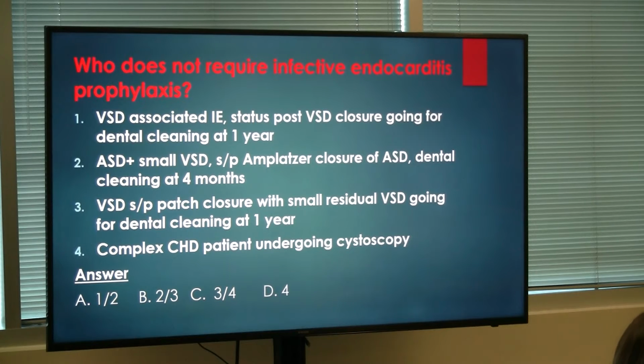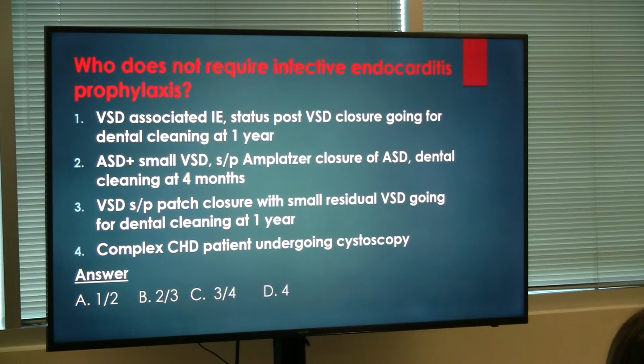That's better. Okay. So who does not require infective endocarditis prophylaxis? Patient 1 had VSD-associated infective endocarditis, but has undergone VSD closure and is going to have a dental cleaning a year after the VSD surgery. Patient 2 has ASD plus a small VSD, status post closure of the ASD, with dental cleaning at 4 months, so there is still a small VSD left, but the ASD is closed.